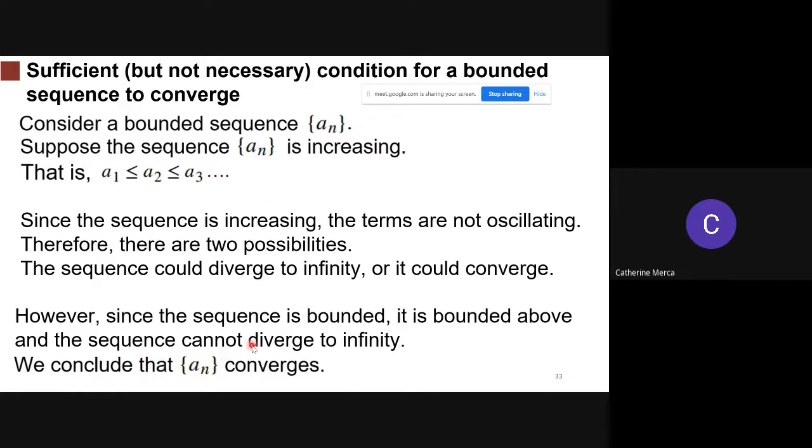However, since the sequence is bounded, it is bounded above and the sequence cannot diverge to infinity. Okay? Kung kaning sequence increasing, pero bounded siya, padulong siya sa certain value. Bounded above.